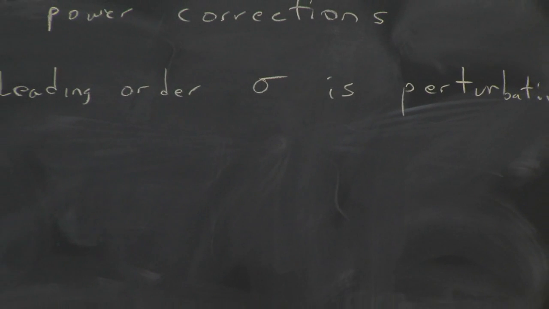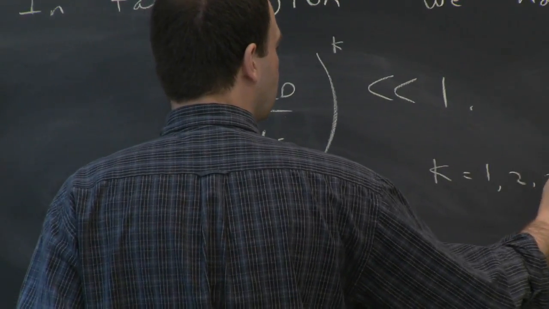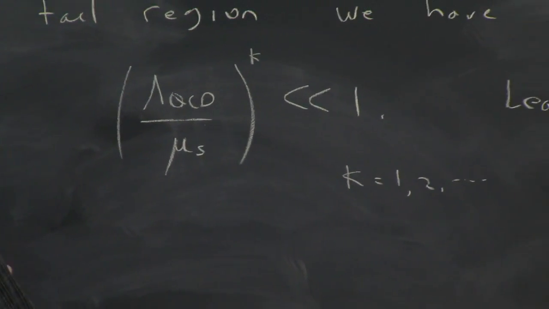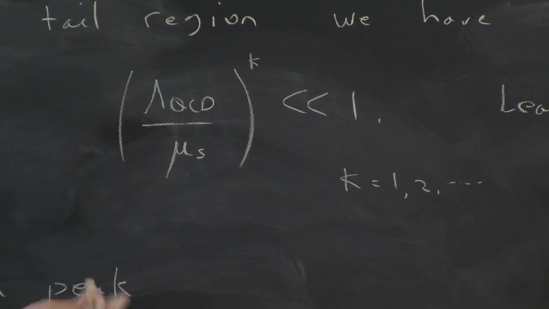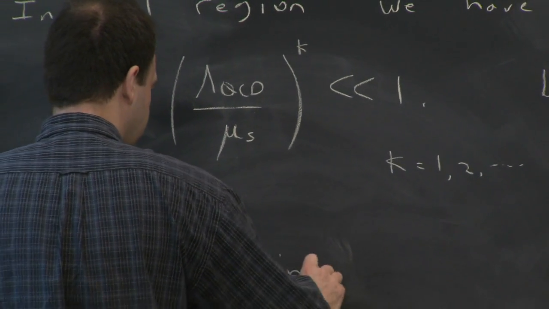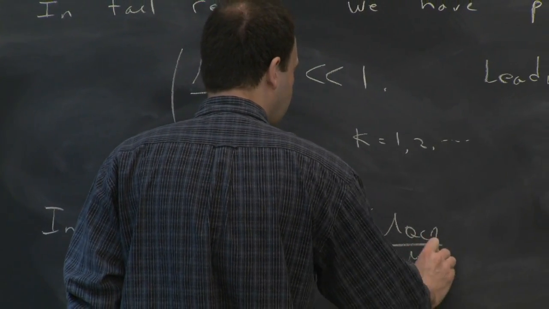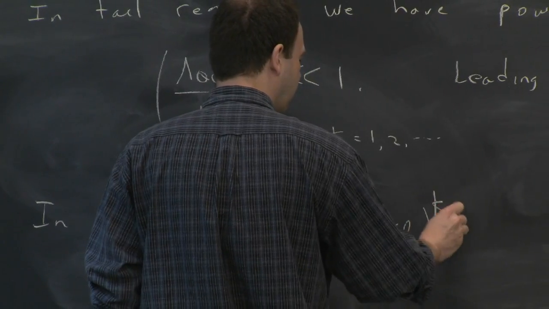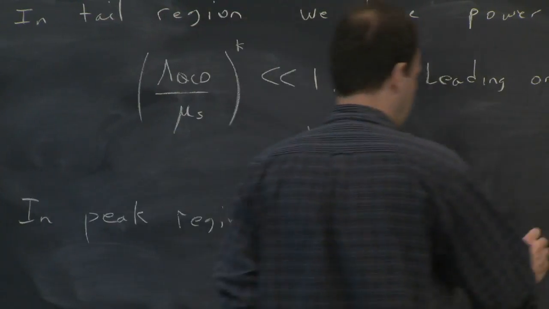If you neglect these, the leading order cross-section in this region is perturbative. Now, you could have any power here, and those exist. What happens in the peak region is that thinking about those as an expansion is no longer good. You have to take all of them and treat them as if they're order 1, for any k.